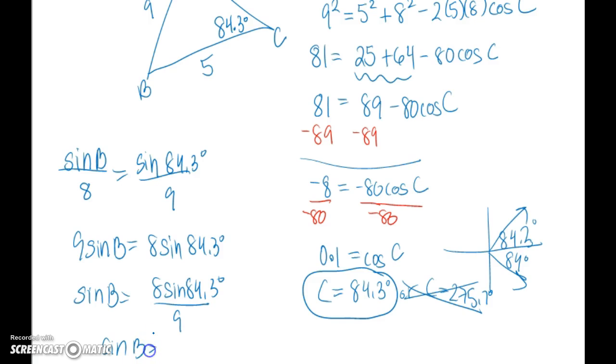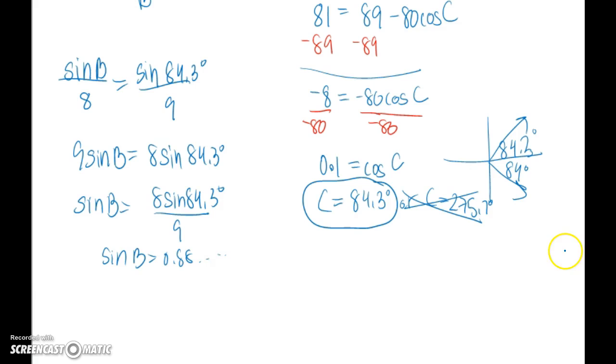Sine B is equal to approximately 0.88. If we sketch, we're going to have potentially quadrant 1 and quadrant 2 solutions for inverse sine. Inverse sine of that is 62.2 degrees.